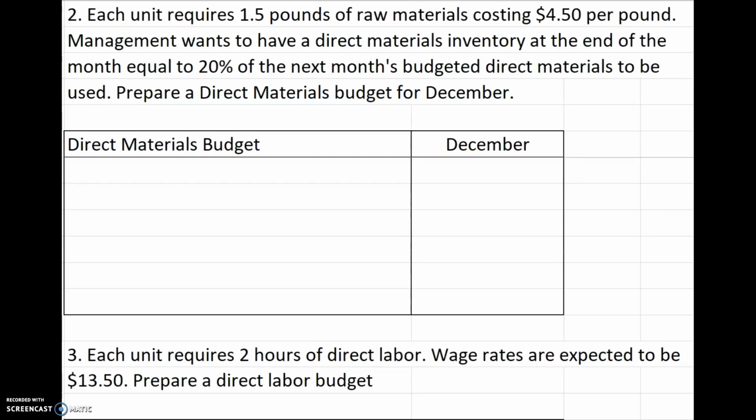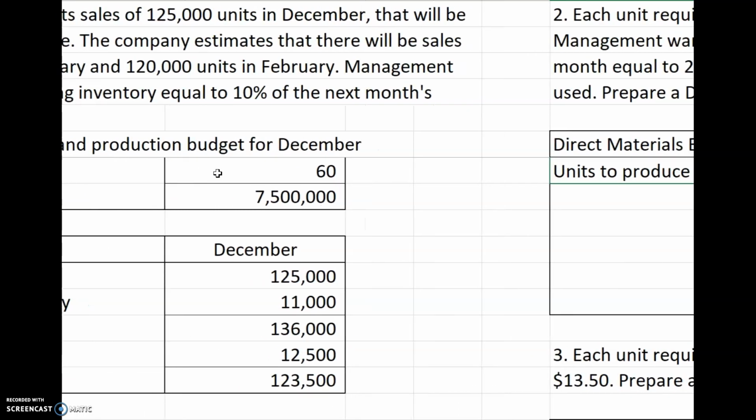Doing our direct materials budget for December, and we're told each unit requires 1.5 pounds of raw materials that cost $4.50 per pound. They want to have direct materials inventory at the end of each month equal to 20% of next month's budgeted direct materials to be used. Okay. So our starting point is going to be our units to produce, and we're going to get that from our production budget.